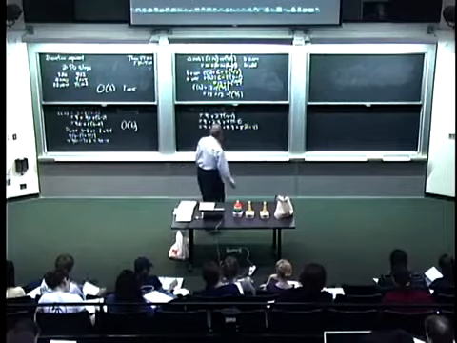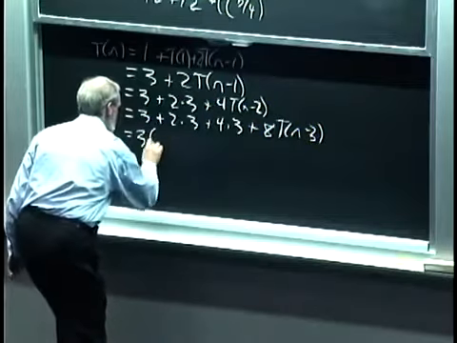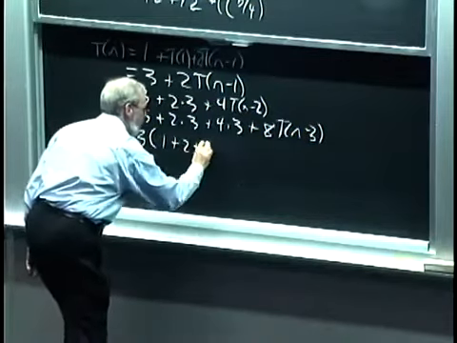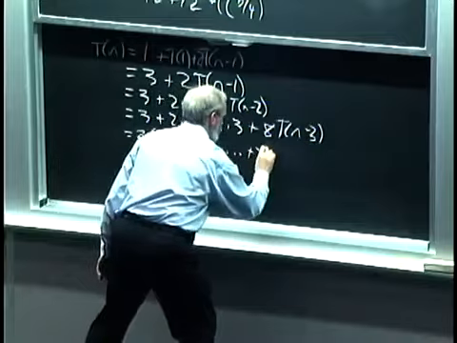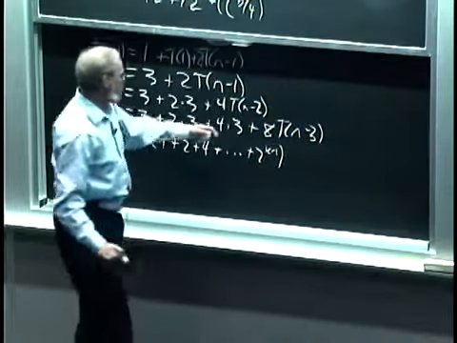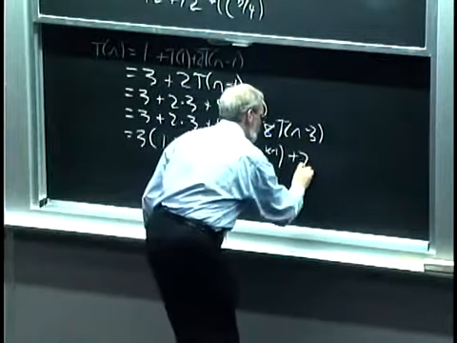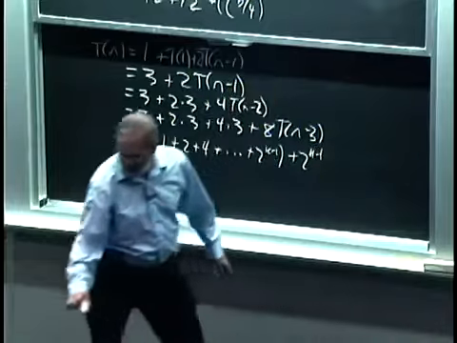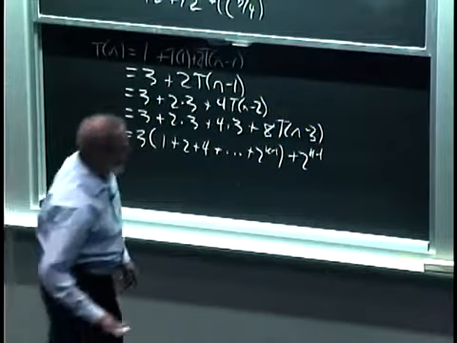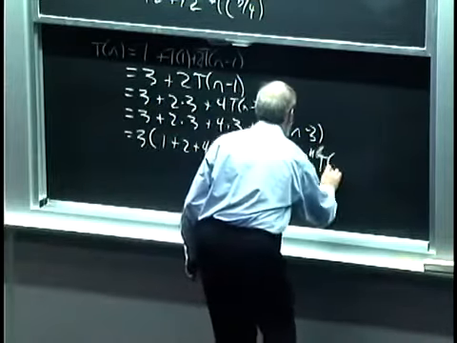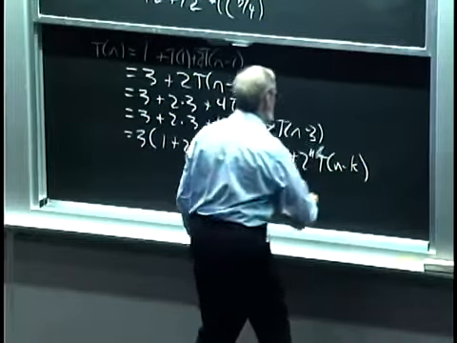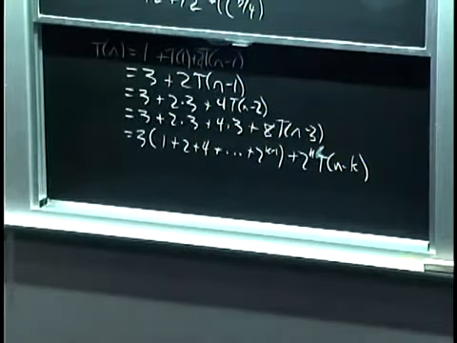But basically, if I do this, I end up with 3 times 1 plus 2 plus 4 up to 2 to the k minus 1 for all of those terms, plus 2 to the k, T of n minus k. Again, don't sweat the details.